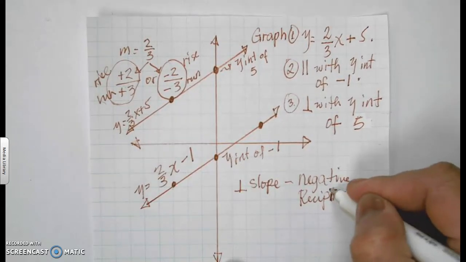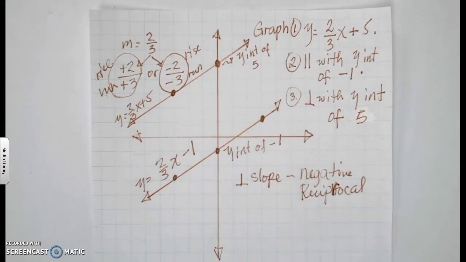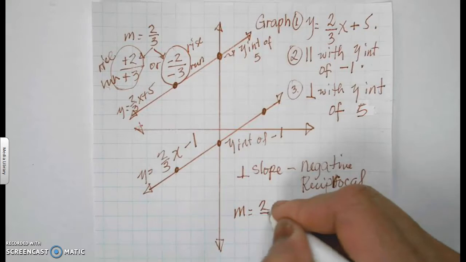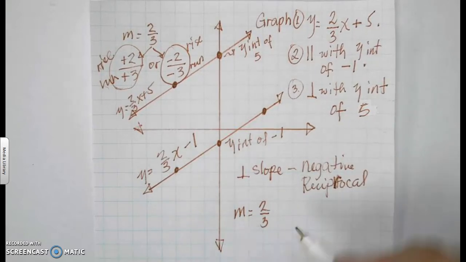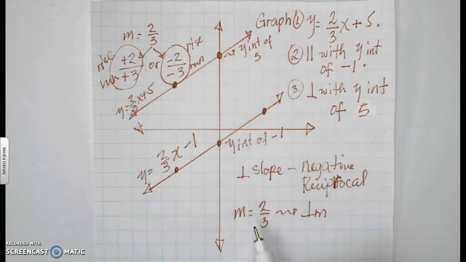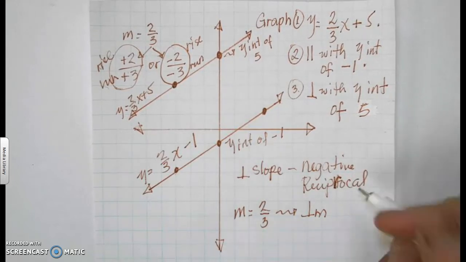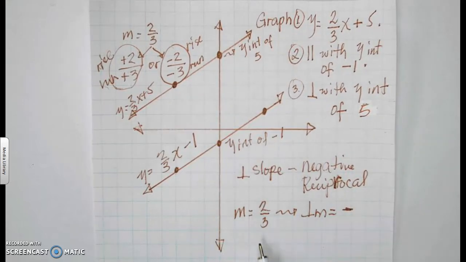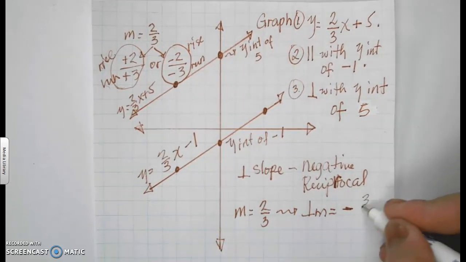If your m is positive 2 over 3, your perpendicular slope will become the opposite sign of that. So if this is positive, it becomes negative. And the reciprocal means you're flipping this.